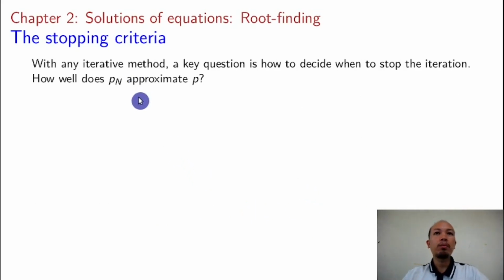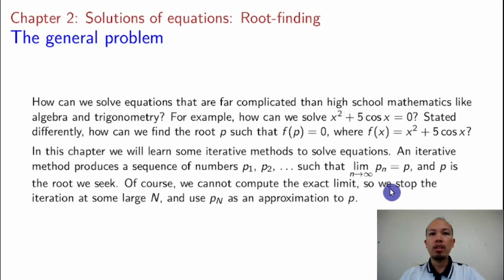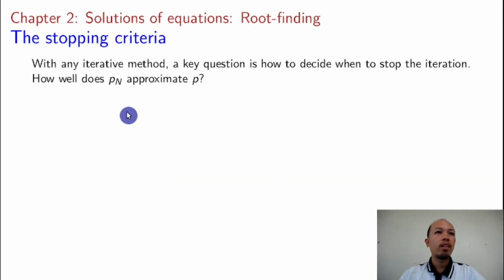Before we go to the first iterative method, let's discuss the stopping criteria, as what we discussed a while ago, this last statement. With any iterative method, a key question is how to decide when to stop the iteration.